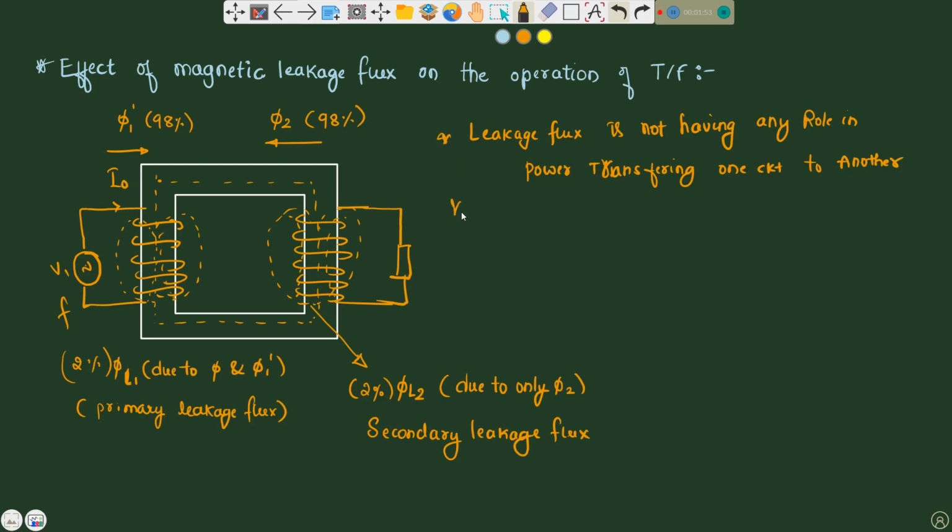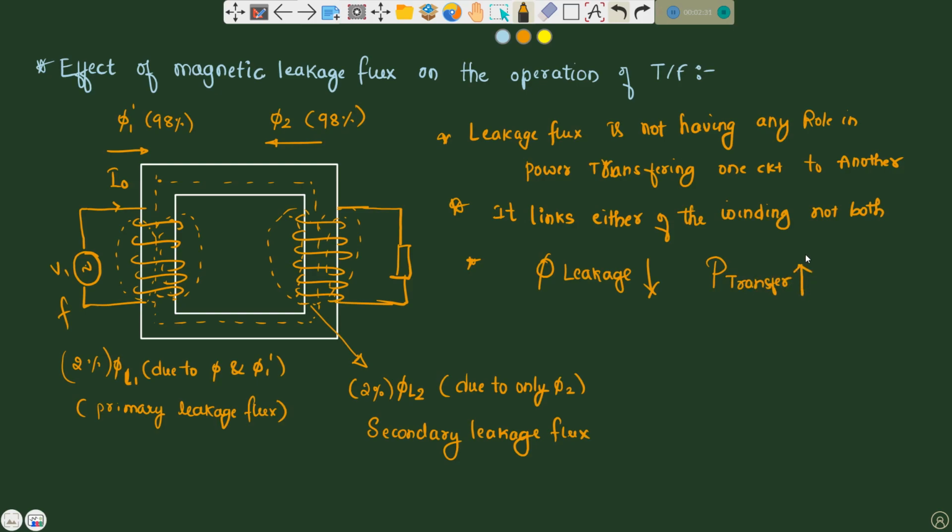So this is one, and another thing we discussed, it links either of the winding but not both. So this leakage flux reduces the power transfer capability.